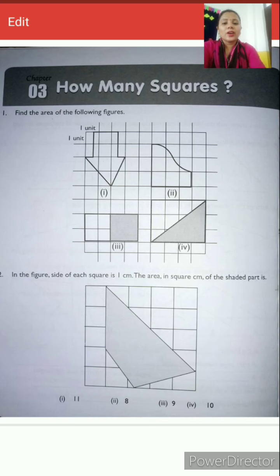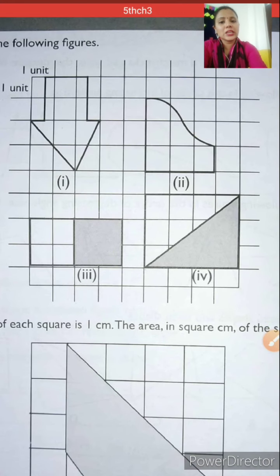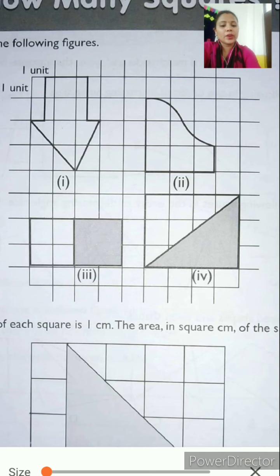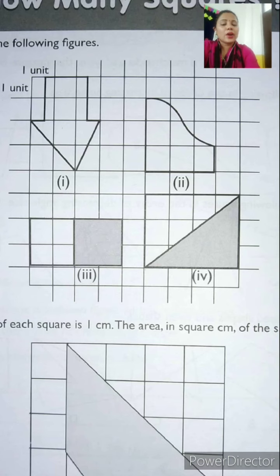In question number 1, find the area of the following figure. Here, as you can see, 1 square is 1 unit. So again, just count the complete squares. Here we have 1, 2, 3 complete squares. This one is half and half, so consider it 1.